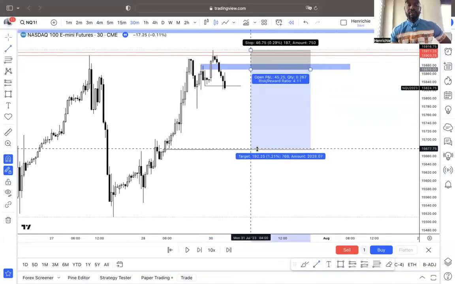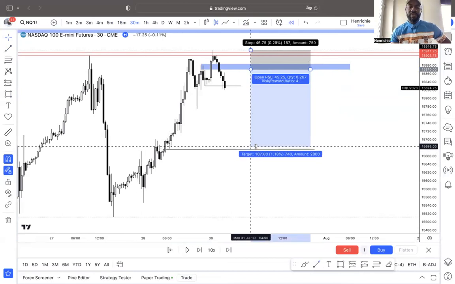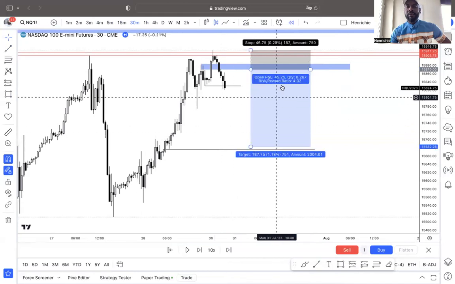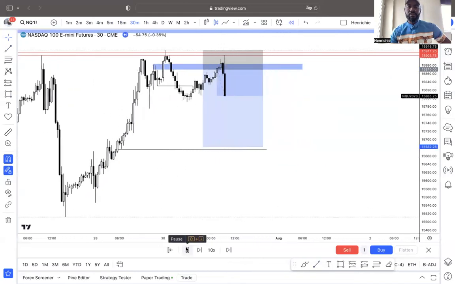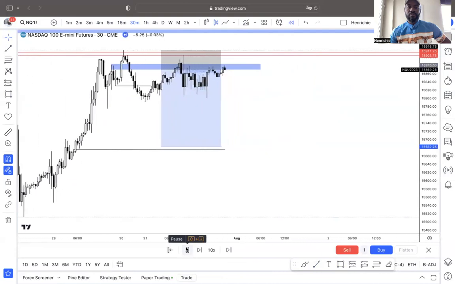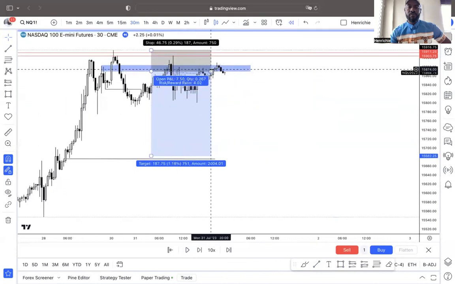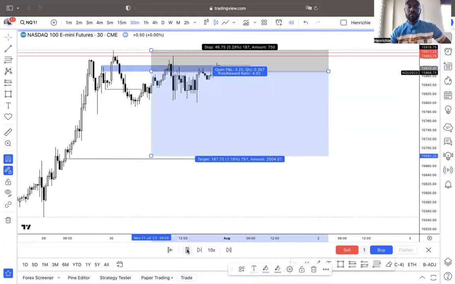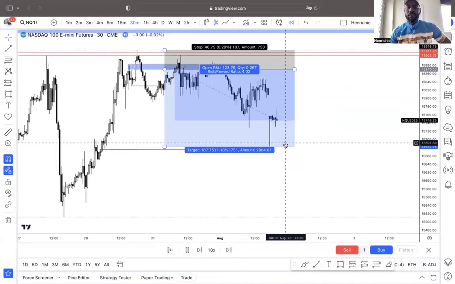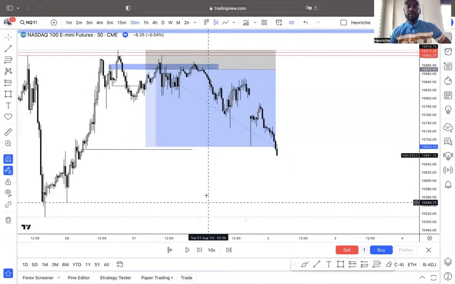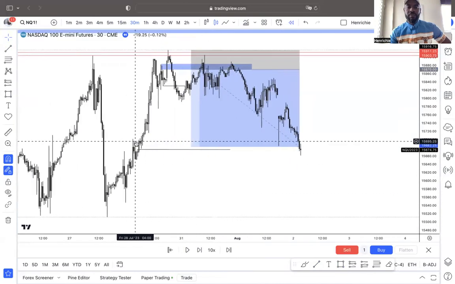I don't really need to put the take profit exactly on this place. I can just give it a little room and aim for 1:4. And you can see the take profit got smashed.